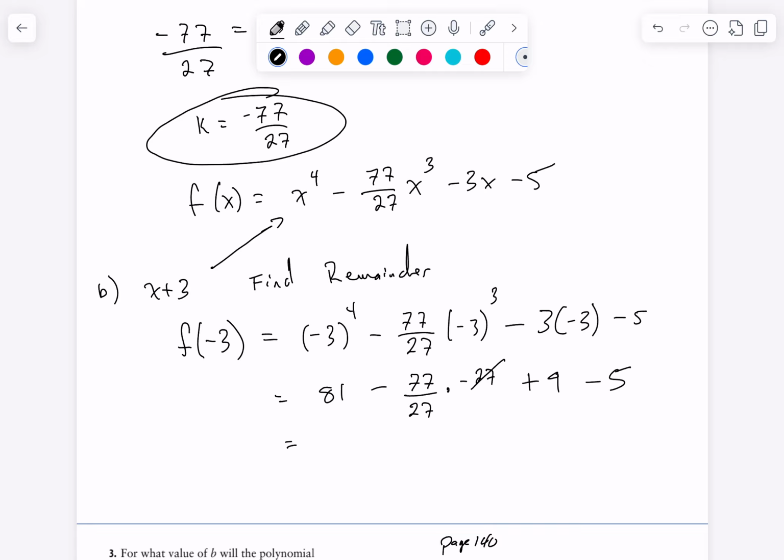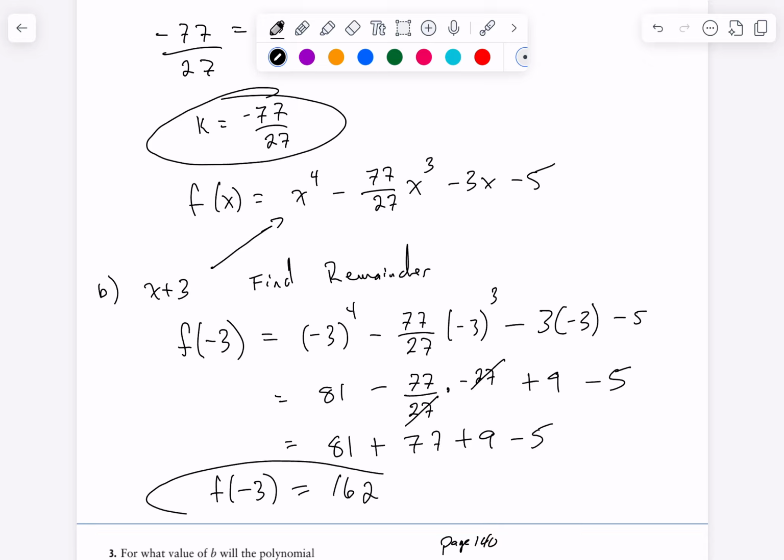So you'll notice here the 27's drop out and the two negatives are going to turn into a positive. So we're going to get 81 plus 77 plus 9 minus 5. Okay, and so we should see that when we use the remainder theorem at -3, we get a remainder of 162.